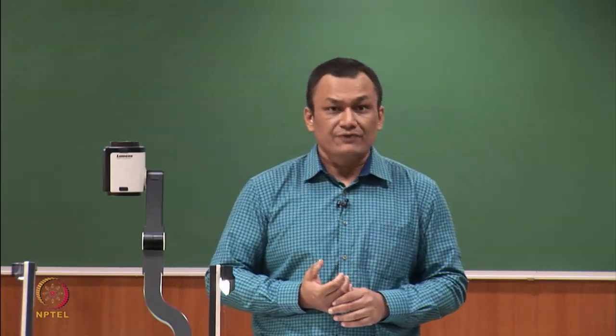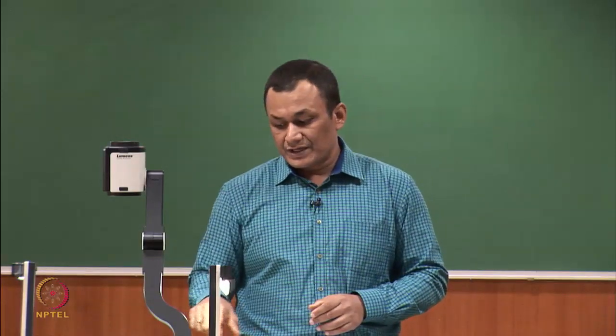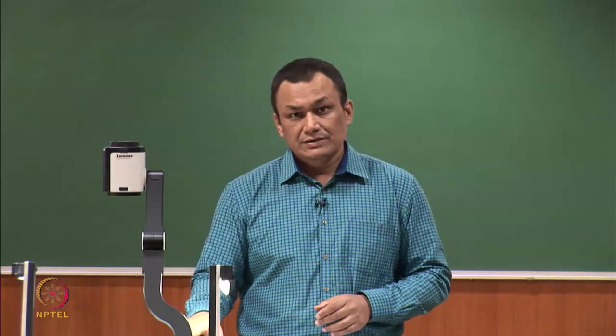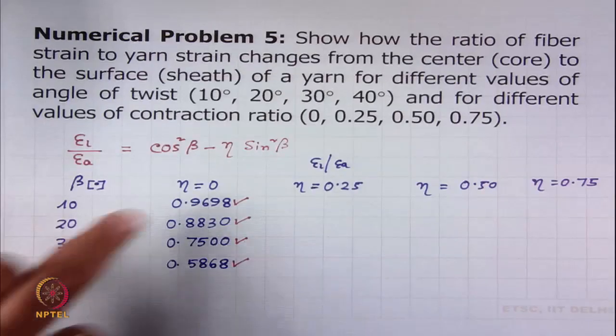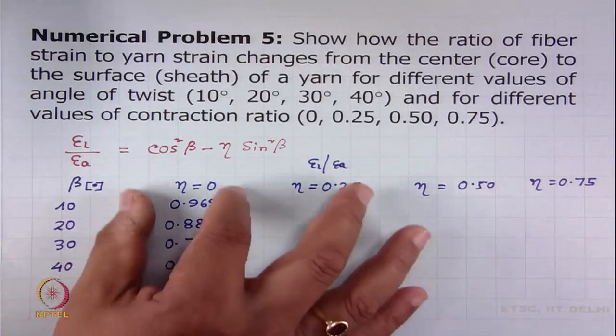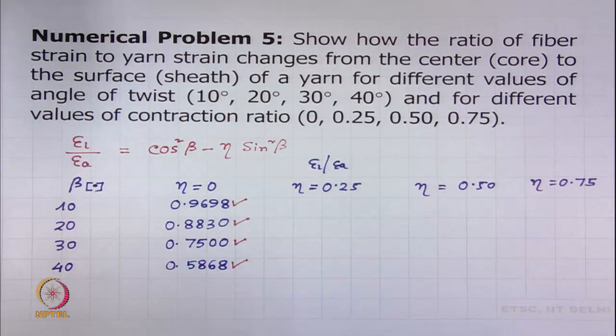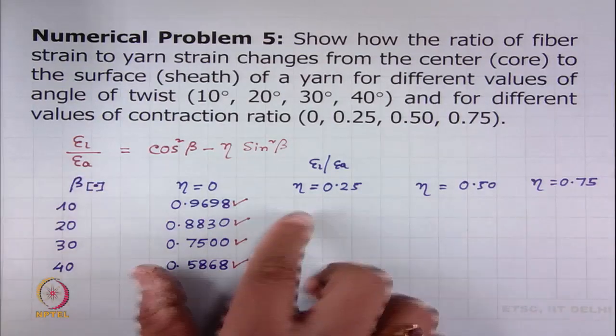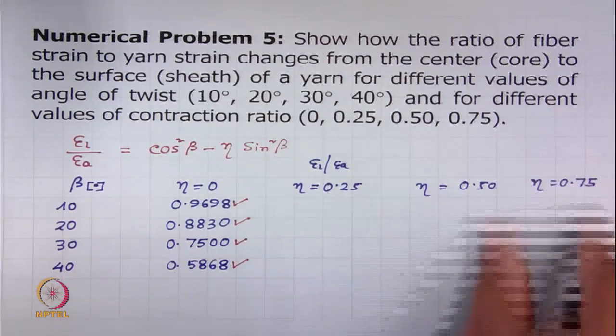Also we started solving numerical problem 5 and we solved for different twist angles beta. If we assume there is no radial contraction of yarn, what will be the ratio of fiber strain to yarn strain? So we solved this column. Today we will continue with solving for the rest of the columns.